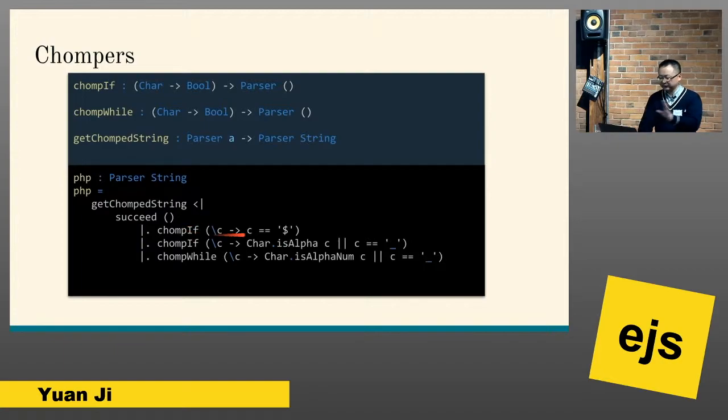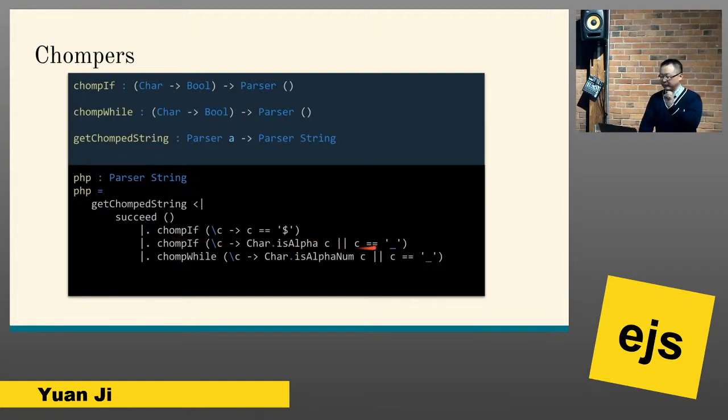We look at chop here, say the first character must be the $ sign. If not, I stop with an error. Bye-bye. If yes, I pass that, then I got a parser of unit. Then I ignore that. I go to chop here.